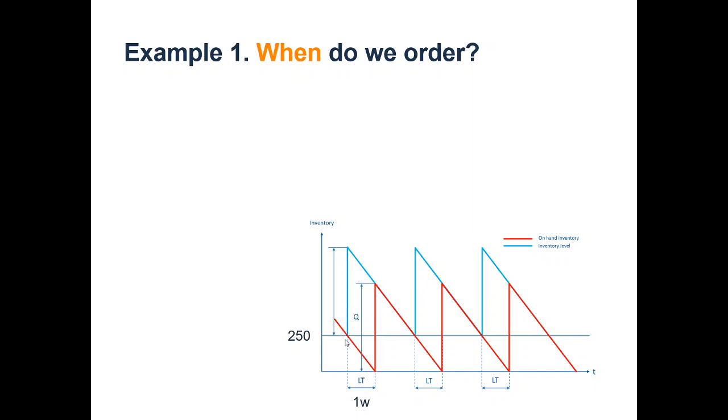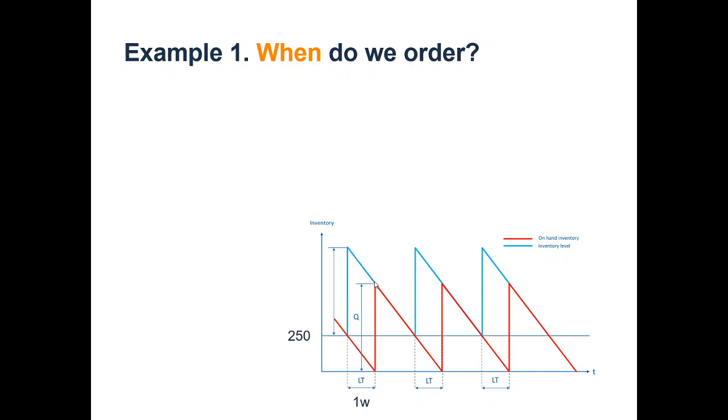The blue line represents our inventory level, which is the summation of our on-hand inventory and the on-order inventory. So for example, at this point here, we have some amount of computers and we place an order. So our inventory level goes all the way up to this physical inventory we have plus the amount we ordered. And it diminishes at the same pace that the physical inventory does.